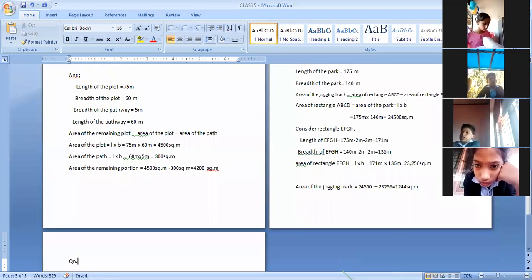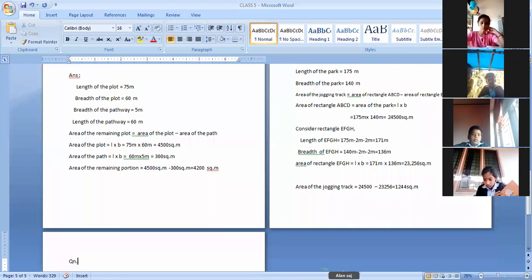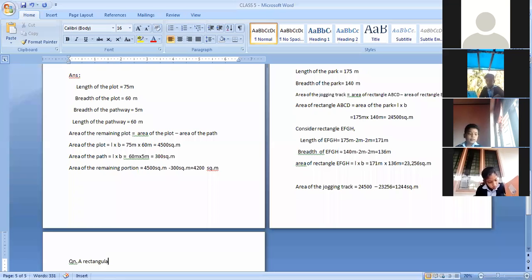Look at example 15 in your textbook. Page number, is it 153? No, 152? Miss, 162. Take 162. So, a rectangular. Read the question. You guys read the question and tell me.